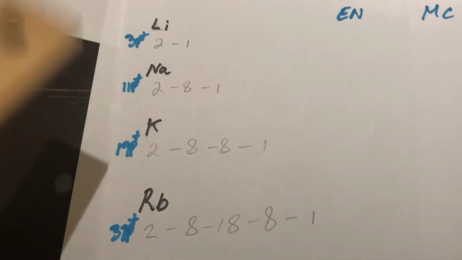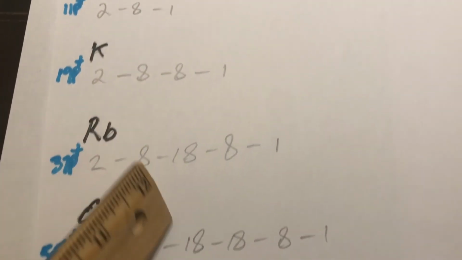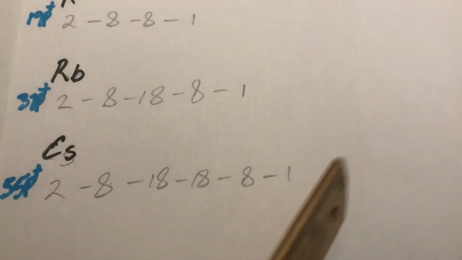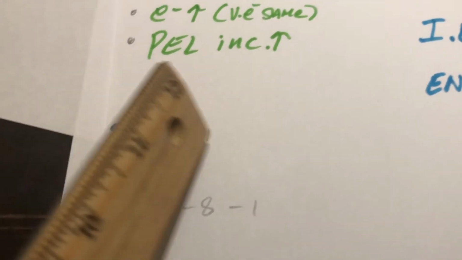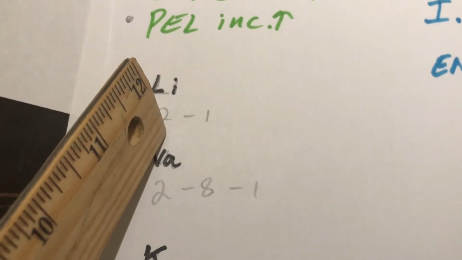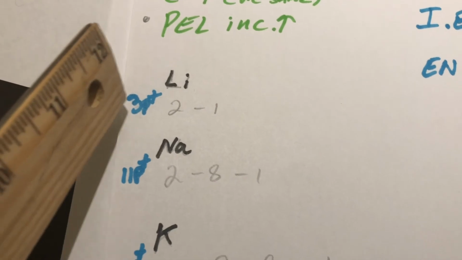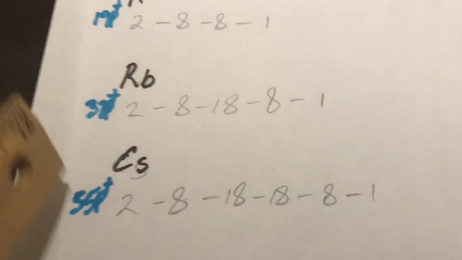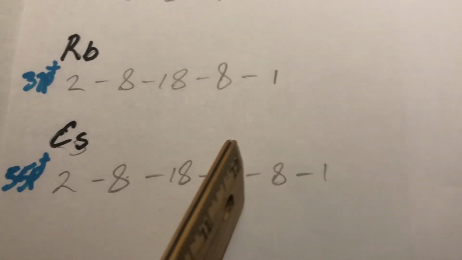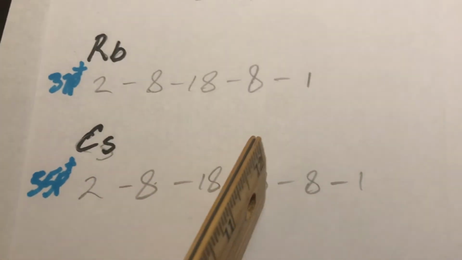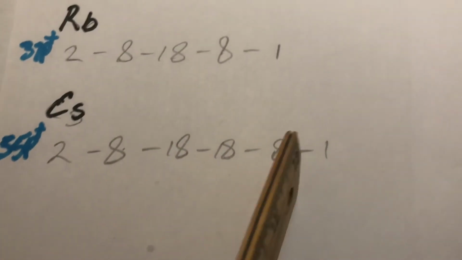And there's another factor that we talked about in class. We talked about the fact that there's more and more principal energy levels between the valence electrons and the nuclear charge, right? So lithium, okay, this valence electron right here has only one shell blocking or shielding the attraction between the valence shell and the nucleus, right? Now over here, cesium has all of these shells, okay, blocking the attraction of this outer one valence electron to the nucleus.